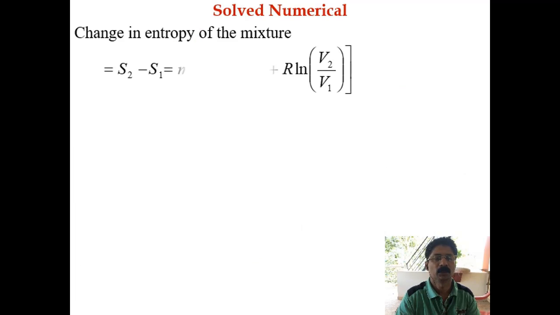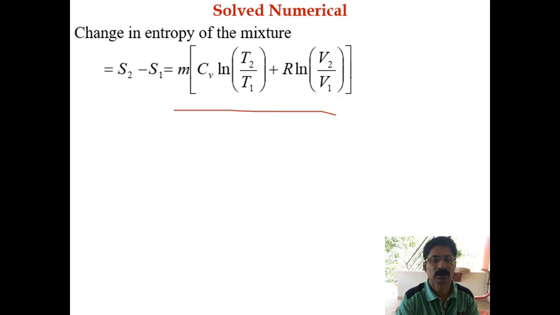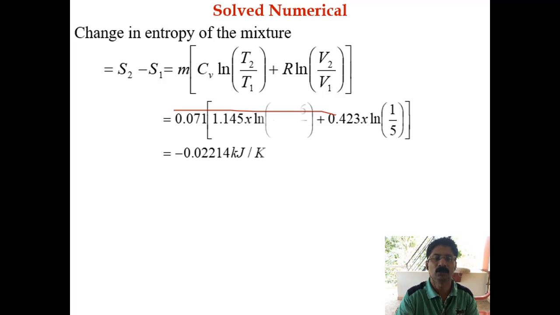So change in entropy of the mixture. You have the expression S2 minus S1 is equal to m into Cv into Ln of T2 by T1 plus R Ln of V2 by V1. So here m is known, Cv is known, T2 by T1 and V2 by V1 are known.